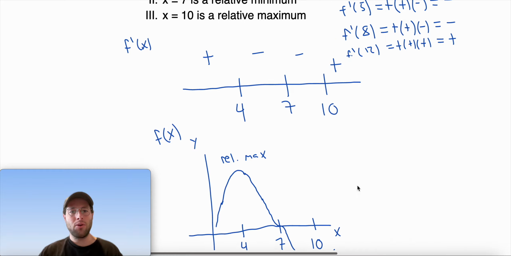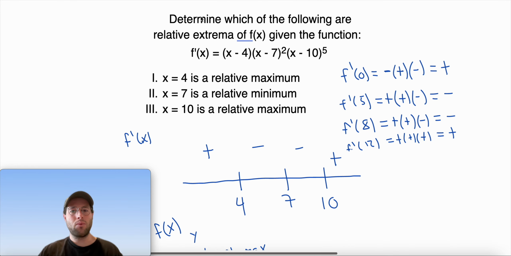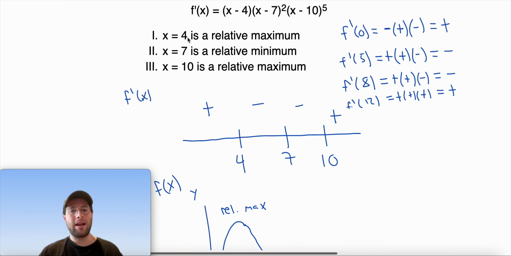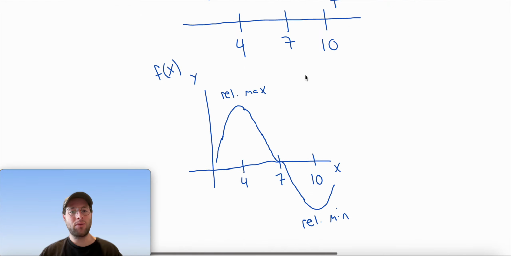So we can go back to the question. The question is asking the following. Which of the following are relative extrema of the function? We have these three options. x equals 4 is a relative maximum, x equals 7 is a relative minimum, and x equals 10 is a relative maximum. Given this rough sketch, x equals 7 is neither a relative maximum nor minimum, so that will not be a choice.